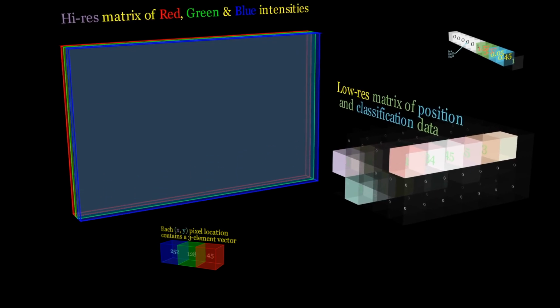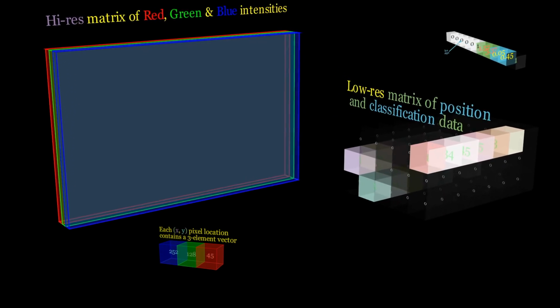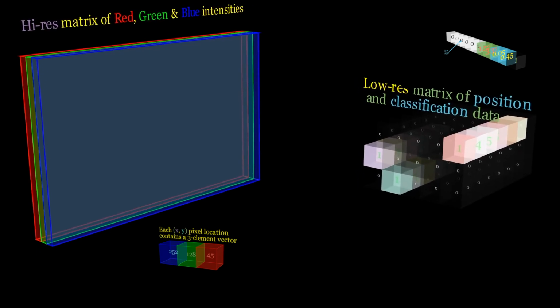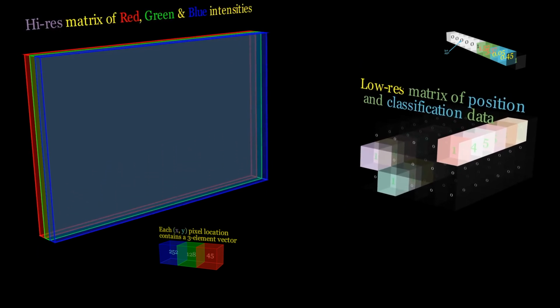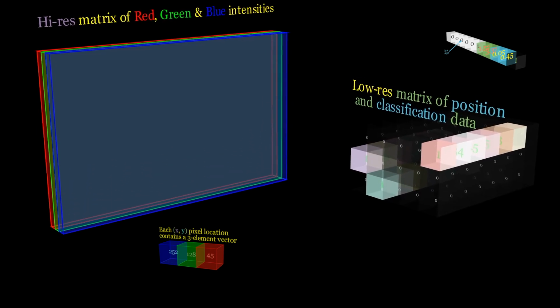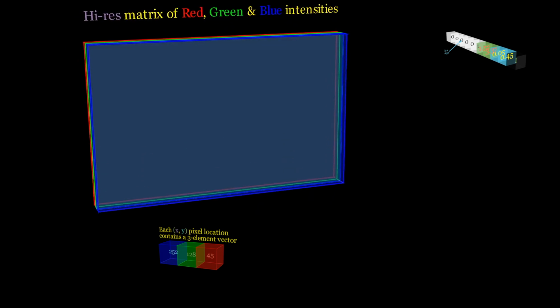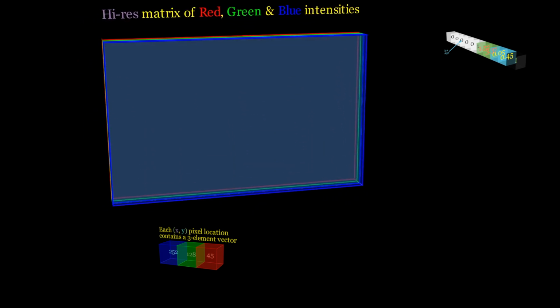During training, we present the RGB images as inputs to the network, along with the corresponding classification matrix. Over the course of being shown hundreds of thousands or perhaps millions of images, the backpropagation algorithm updates the weights and biases to the convolution and classification layers.